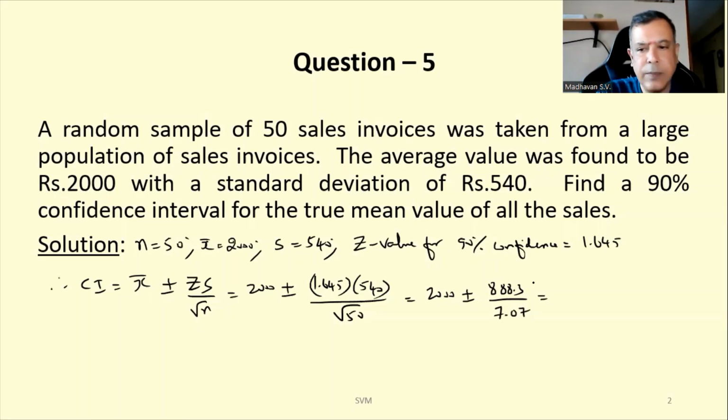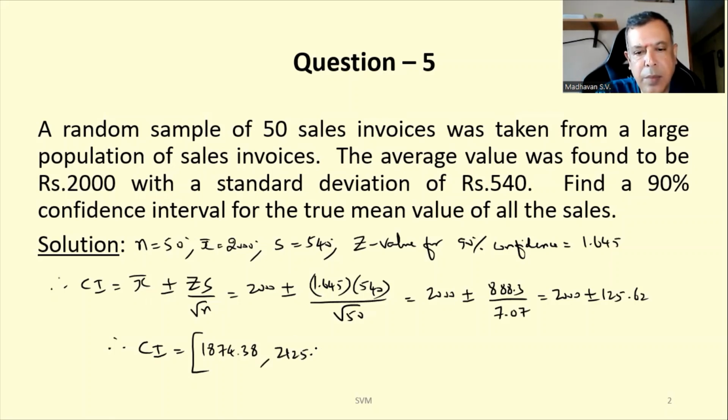So this will give us 2000 plus or minus 125.62. Therefore, the confidence interval will be, first of all, we subtract to get the lower limit, which is 1874.38. For the upper limit, simply add, 2125.62. So these are the confidence limits for the population mean.